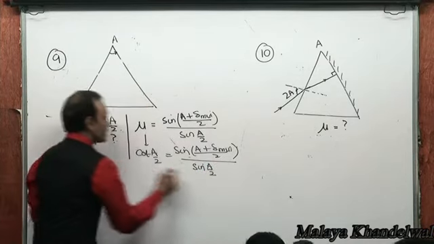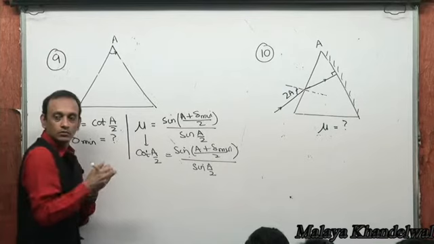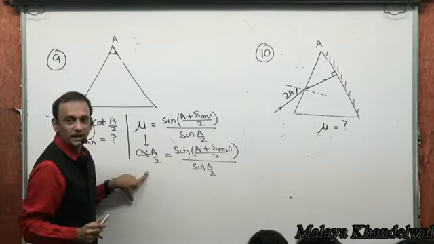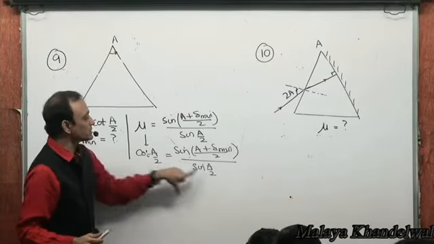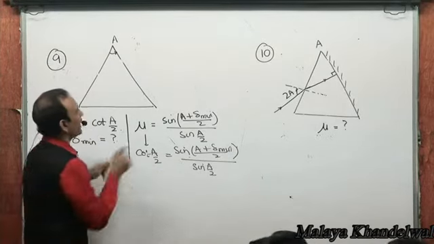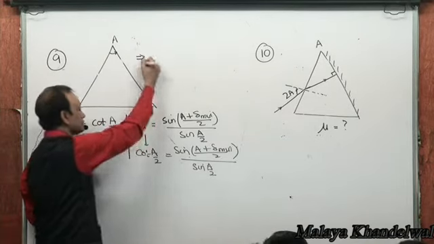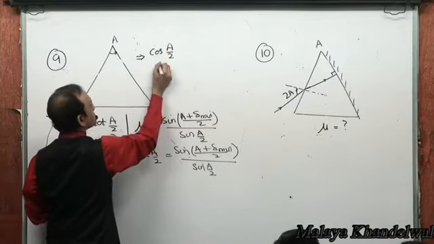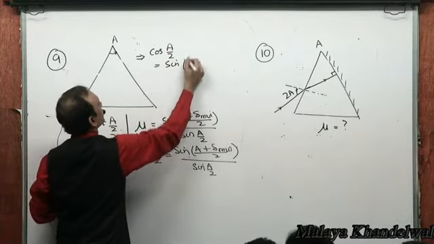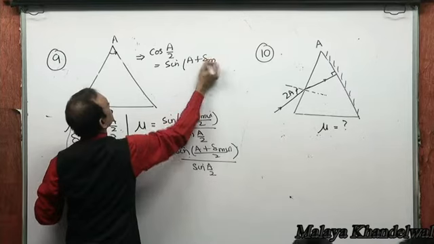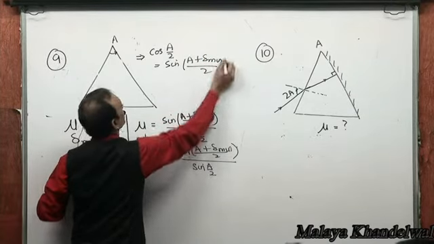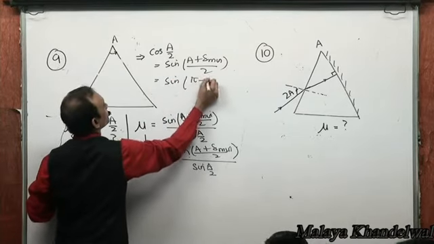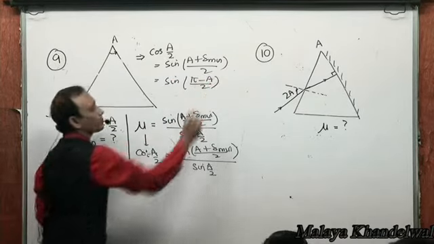Now very clearly, this is cos by sine, this is cos by sine, sine will get cancelled, and then we have cos A by 2 as sine (A plus delta min) by 2, and this cos A by 2 can be written as sine (90 minus A by 2), right?